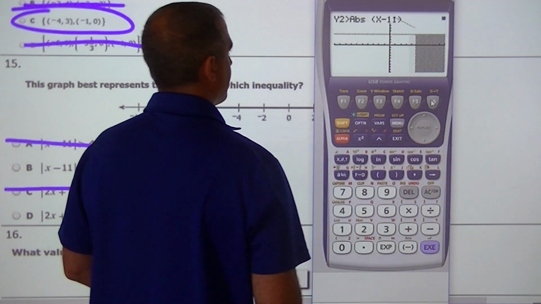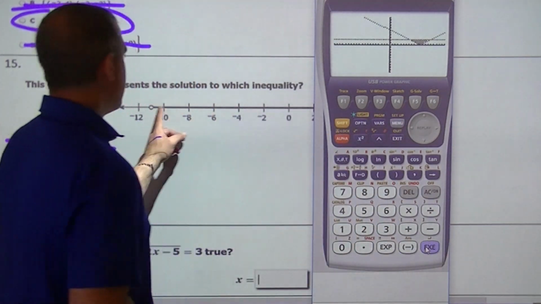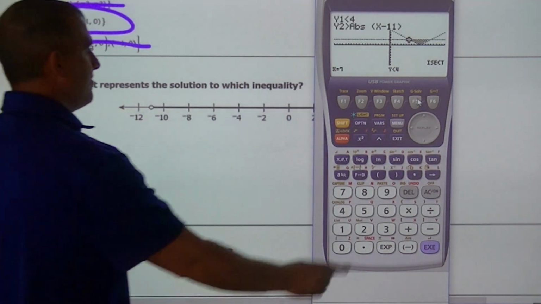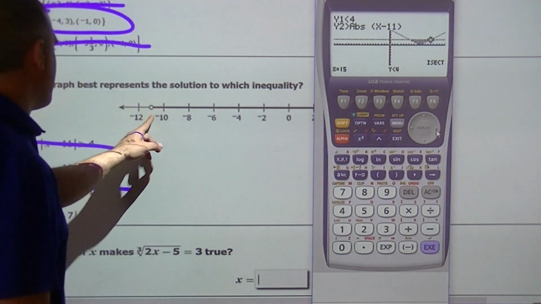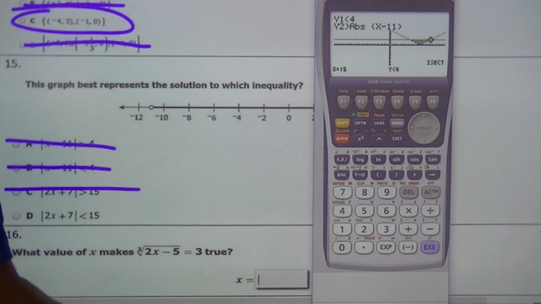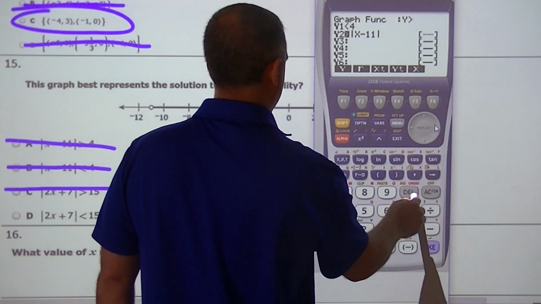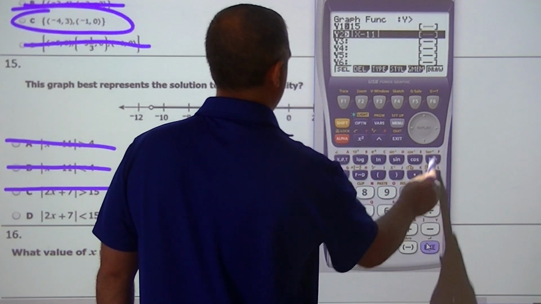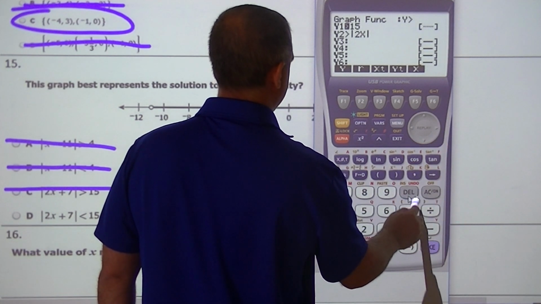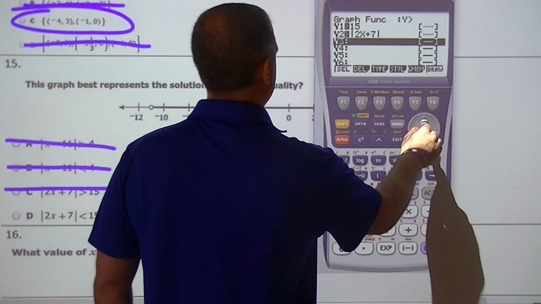And what I want to see is, I'm going to zoom out a little bit. So you can see it's shaded in between. G solve intersect. I got one answer is 7, and the other answer is 15. But we're over here at -11, so that's going to be no good. Well, let me show you why the other one works. If I change this part to 15 and change this part to 2x plus 7, actually, hold on, let me delete this.